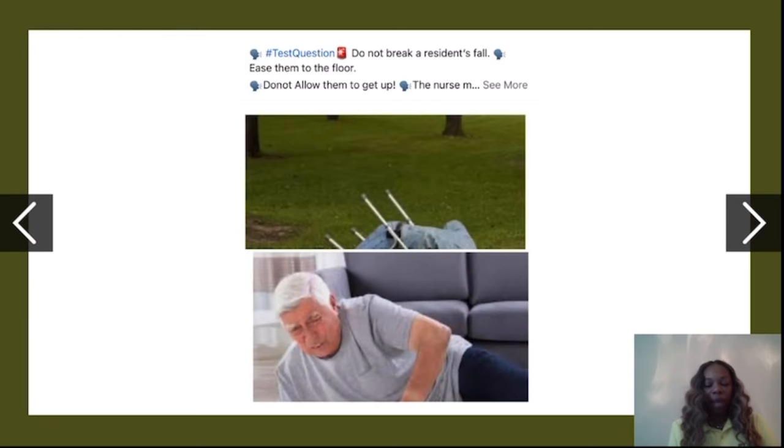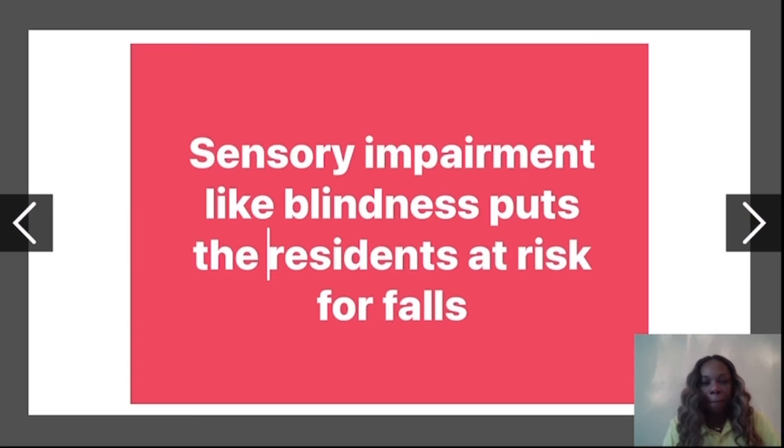But the bathroom and their actual bedroom are the most frequent places that a resident will fall. Residents with sensory impairments like hearing impairment or blindness are at risk for falling.